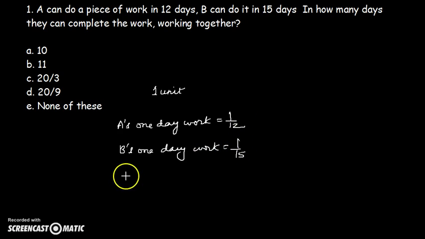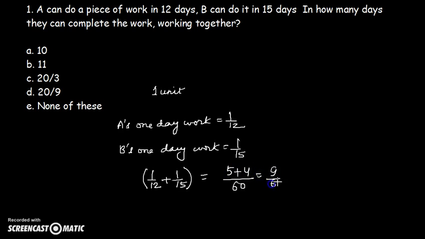Since they are working together towards completing the task of 1 unit, they will finish 1 upon 12 plus 1 upon 15th portion of the work, which is nothing but 3 upon 20th portion.